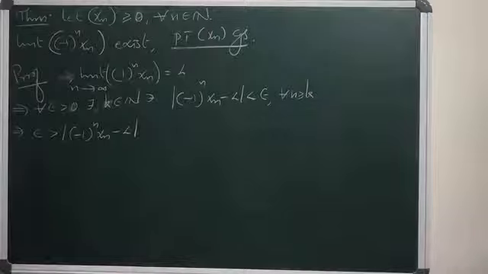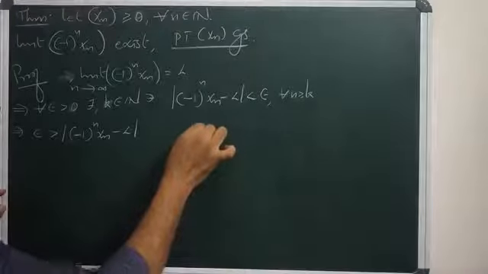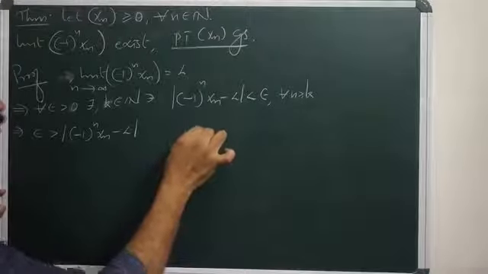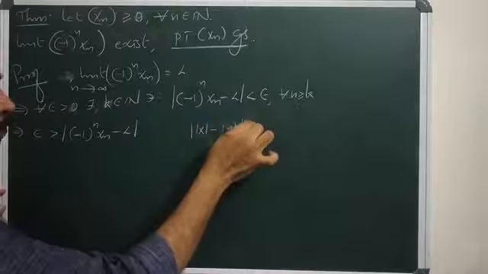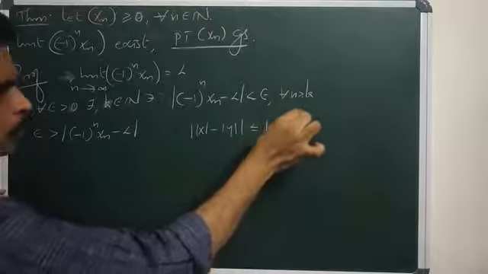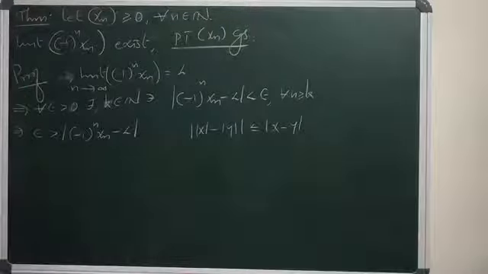Agree? So, epsilon is greater than modulus of (minus 1) power n xn minus L. We know that modulus of mod x minus mod y is less than or equals modulus of x minus y.